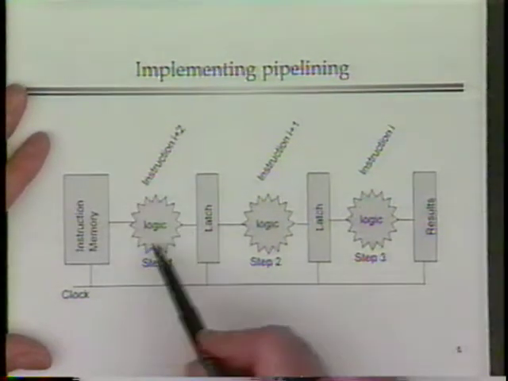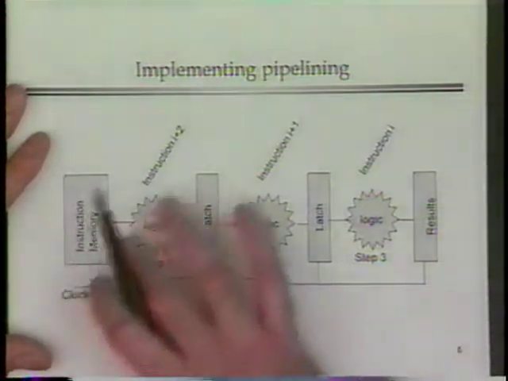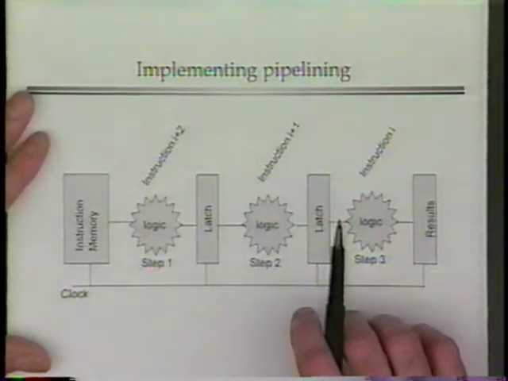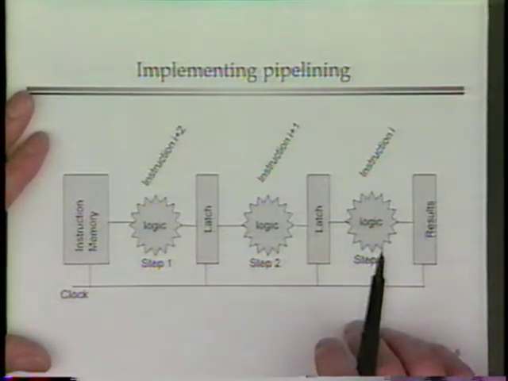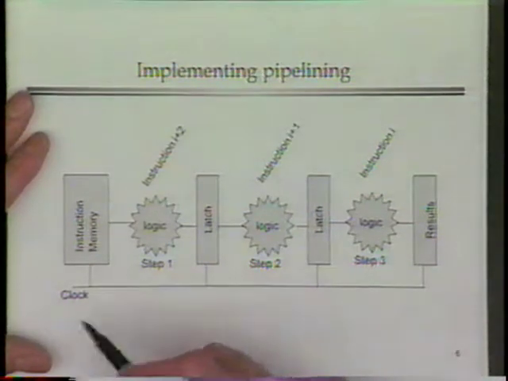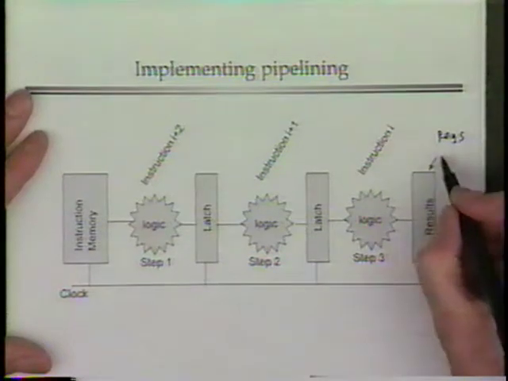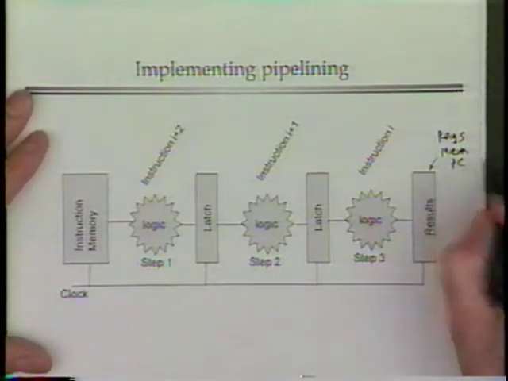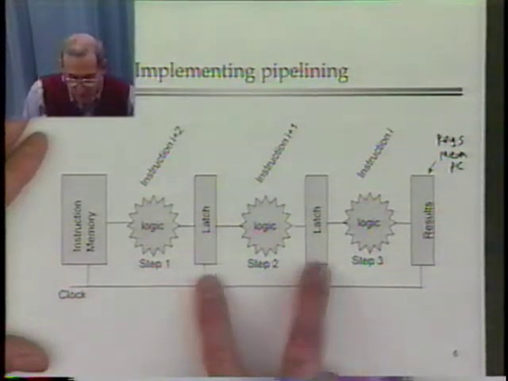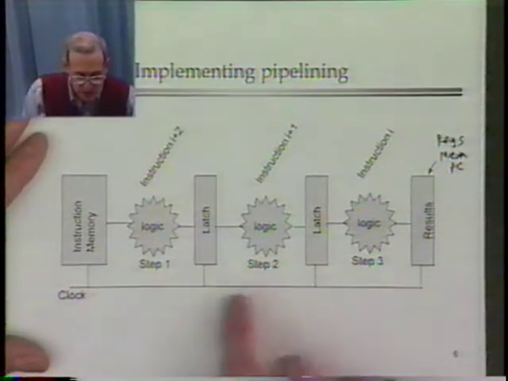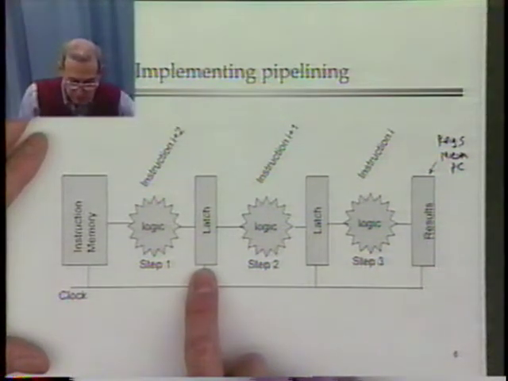Now remember, before we had all of this combinatorial logic, and after fetching the instructions, the data just flowed through the combinatorial logic, and when enough time had elapsed for all of the changes to be made, we clocked the results back into registers, back into memory, and back into the PC. What we're doing now, because we're dividing this execution into 3 separate phases, is to provide additional latches for us to hold intermediate results.